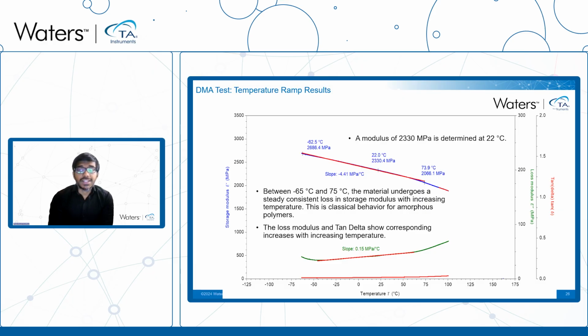This represented a temperature-dependent gradual drop in stiffness, which is a classic behavior for an amorphous polymer below the primary glass transition temperature. This also highlights the rate and magnitude of reduction in storage modulus across this temperature range, which will be very useful if this is the operating temperature range for the material during service.